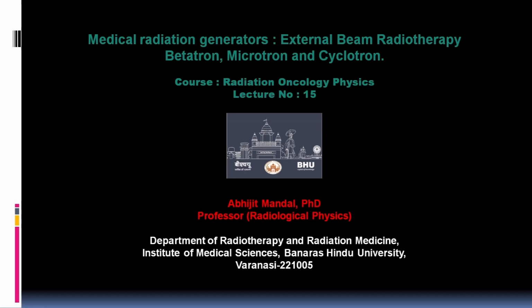And today we are going to discuss the different other kinds of machines or radiation generators which are used for treatment of cancer patients. In this week we have already discussed various equipment used for imaging, simulation, and various therapeutic equipment used for external beam radiation therapy.